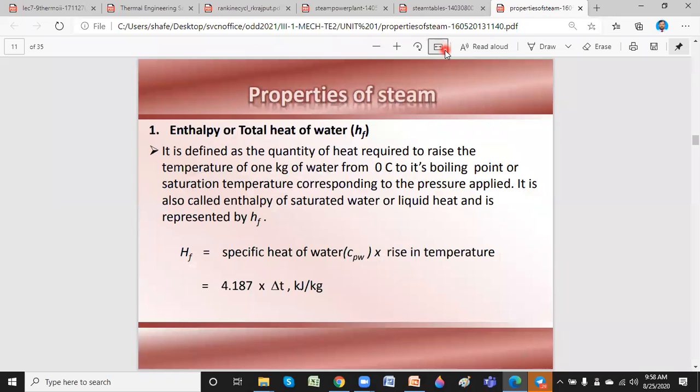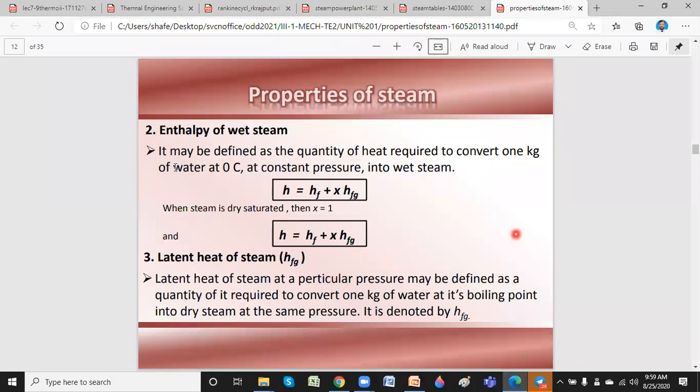Now these are the different properties. HF is the enthalpy of water, so this is m Cp w delta T. We'll clearly discuss this when we take up the problem. Now this is the enthalpy of wet steam, so I'll come to this afterwards when we start doing the problem.